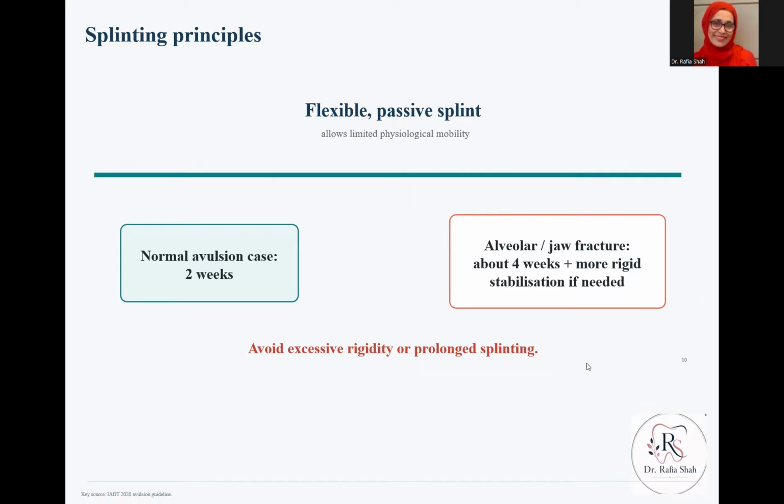So in a nutshell, if the socket is intact, no injury, only the tooth is avulsed, all is good, you provide the patient with flexible fixation for 2 weeks. But if there is any other injury along with the avulsed tooth, like socket injury, then we can add 2 weeks more and give fixation for 4 weeks, but the fixation would be a rigid one, not flexible splinting.